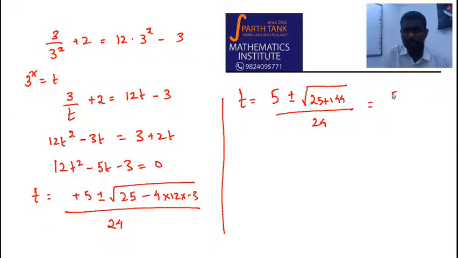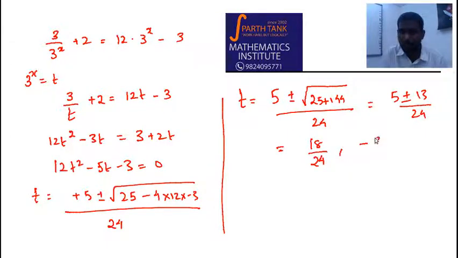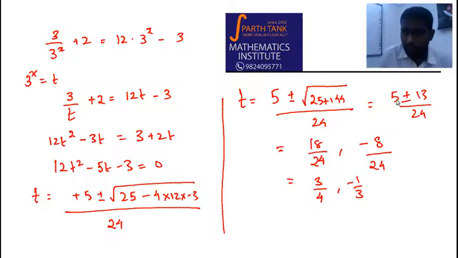So this is 13. So it is 5 plus or minus 13 by 24, which is 18 by 24 or minus 8 by 24. That is basically 3 by 4 or minus 1 by 3. Right? 5 minus 13 is minus 8.